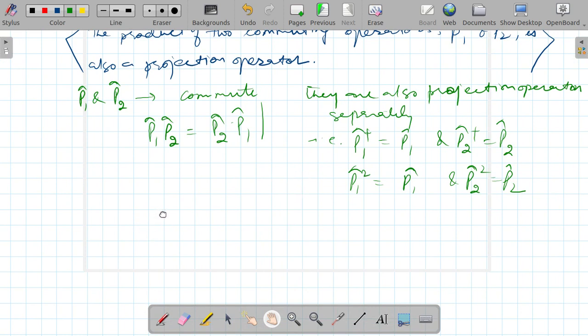Now we have to prove that their product is also a projection operator. To prove that, let us consider the dagger of P1 P2, which is equal to P2 dagger P1 dagger. But P2 dagger is equal to P2 and P1 dagger is equal to P1.